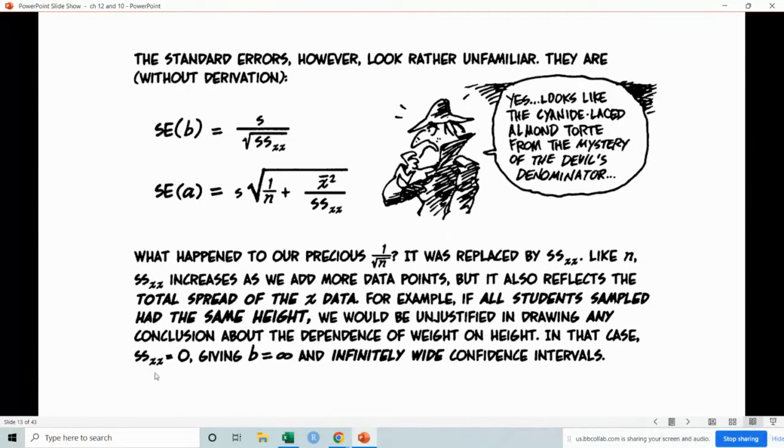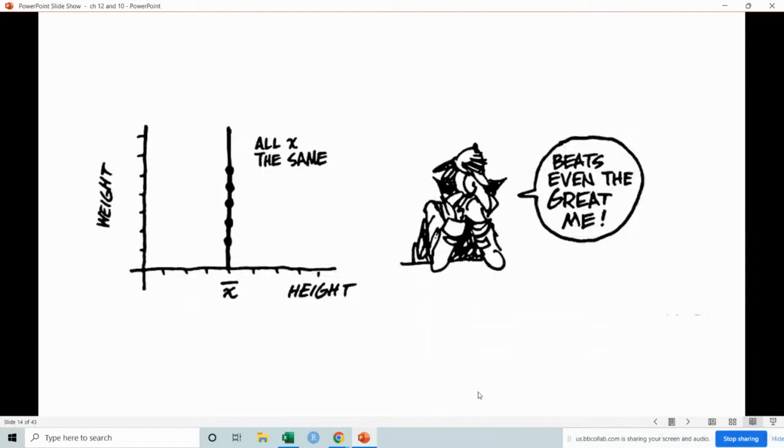In that case, the sum of squares for the x's would be 0, giving b infinity and infinitely wide confidence intervals. We would have an infinite line going up for height if we had just one weight or one height.